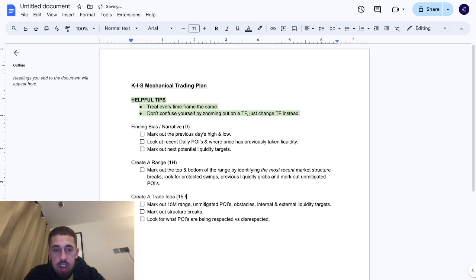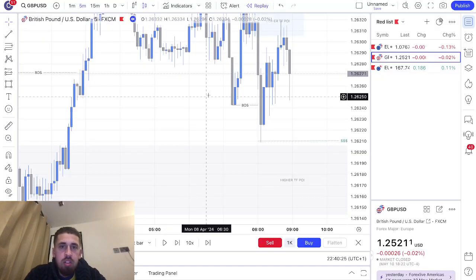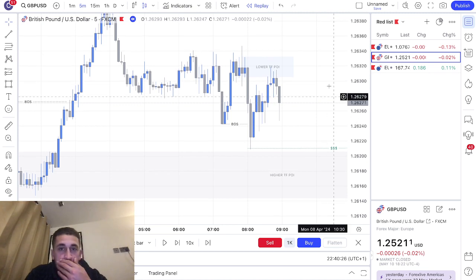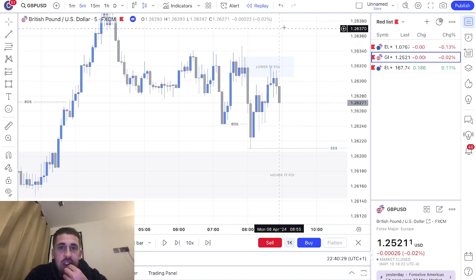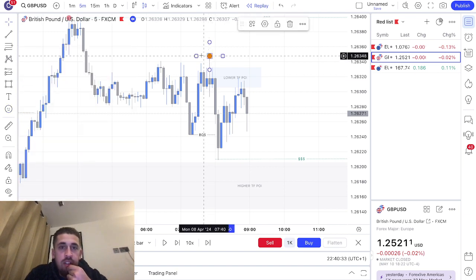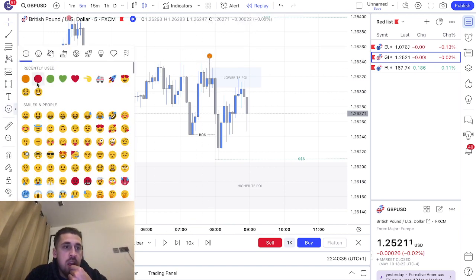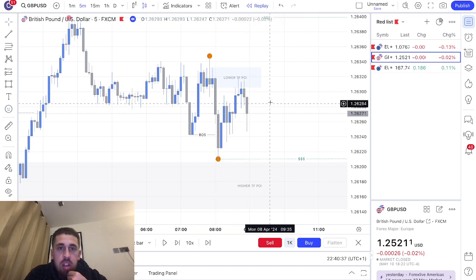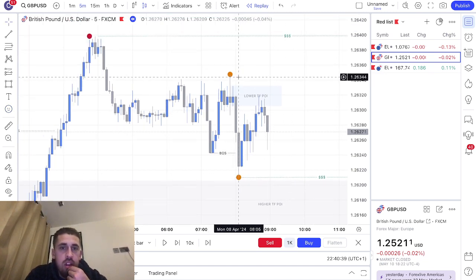We want it 15, 5, and 1. So I'm kind of looking at the range from there to there. Look, that's the respected high of that range. So that shouldn't go. Took liquidity there, broke lower.